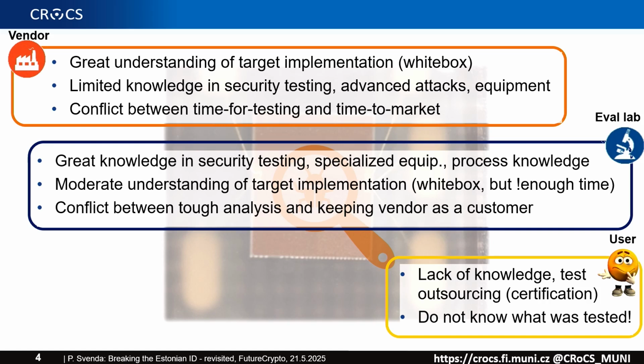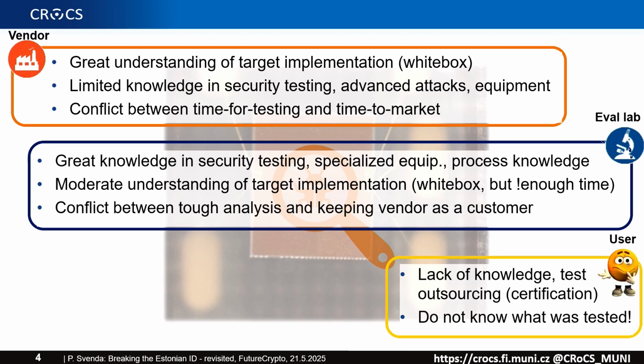Schemes typically mandate, like Common Criteria, the use of independent evaluation laboratories. They have great knowledge. They commercialize the process of testing, so they know how to do it reasonably fast, on time, and on budget. They might have a conflict between tough analysis and keeping the vendor as a customer.